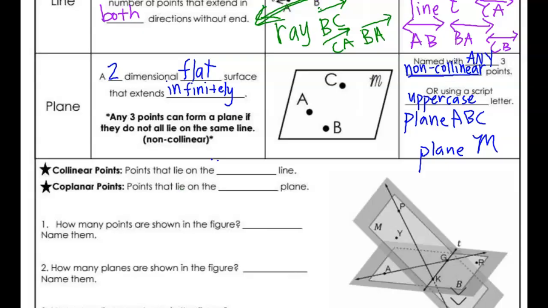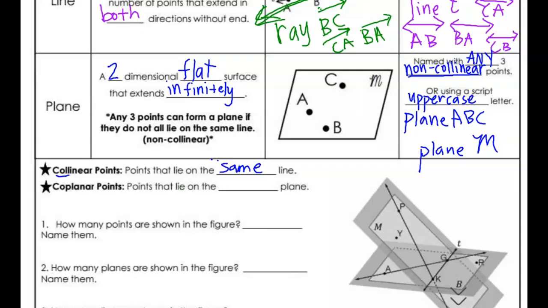Okay, to be collinear means that points lie on the same line. So if something is collinear, we're on the same line. Now I'm going to use an example here in class. Let's pretend I'm a point, he's a point, and Stang is a point. Are we collinear? Are we on the same line? Yes.